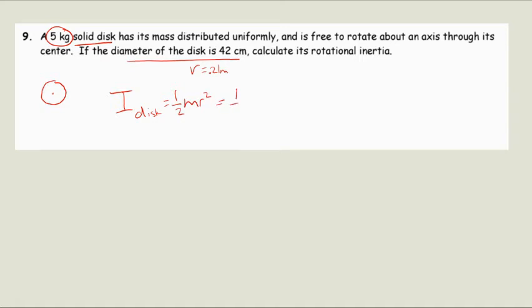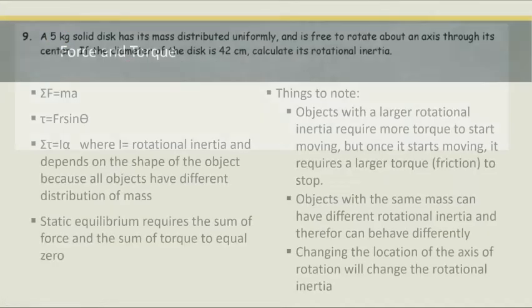So I have 1/2 times 5 kilograms times r squared, and r is 0.21 squared. That's going to give me a rotational inertia of 0.1103 kilograms times meters squared.